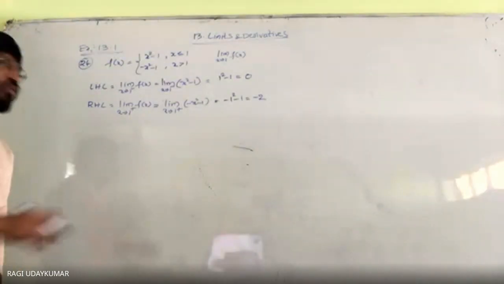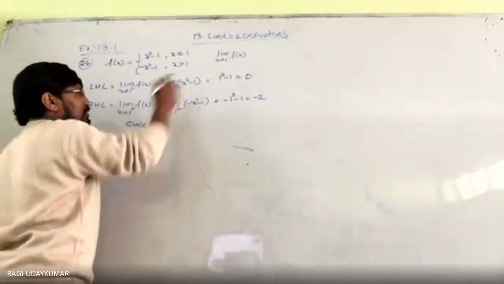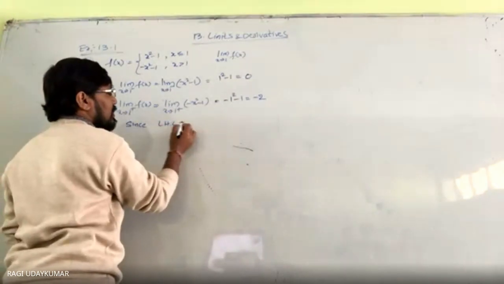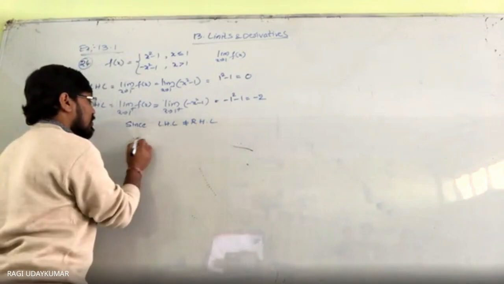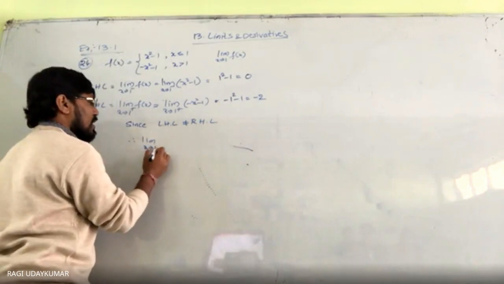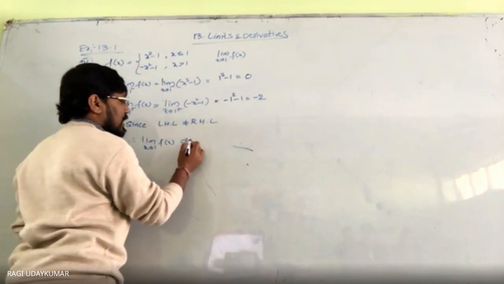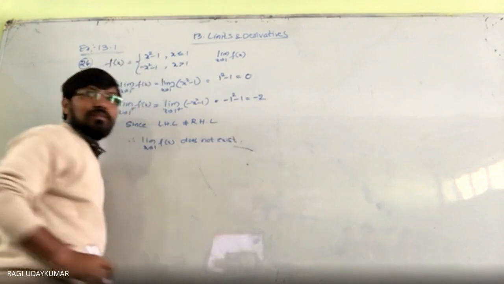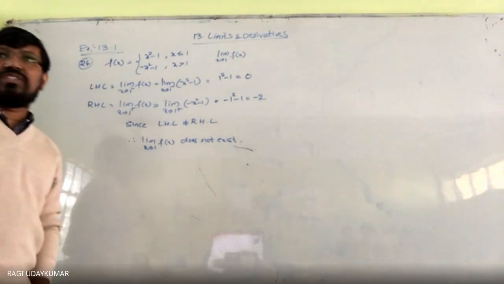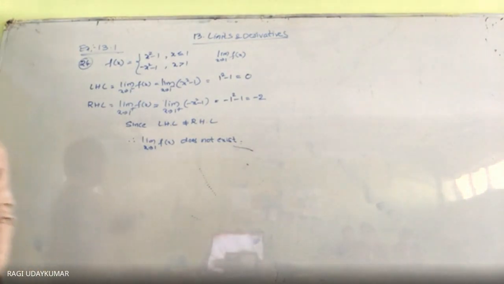So you can write that the left hand limit is not equals to the right hand limit. Therefore, limit x tends to 1 f of x does not exist. Did you understand here? You can write it down.